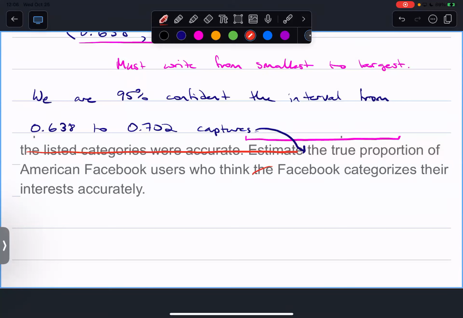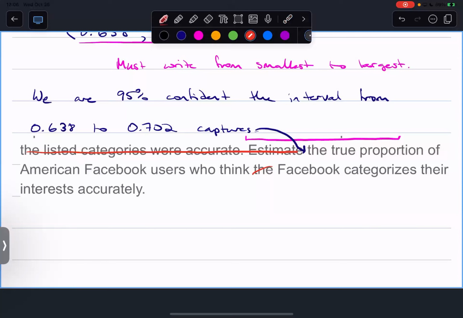All right. So here, the only thing that you really need to memorize is we built some 95% confidence interval, and we found the interval, right? And captures, and then you just reword the question as an answer.